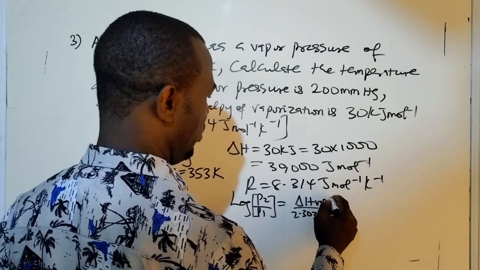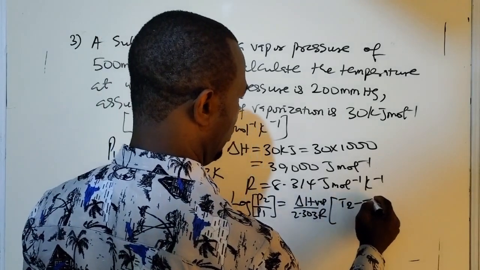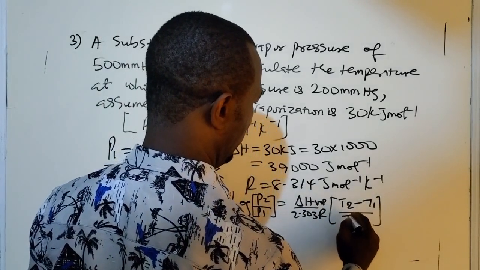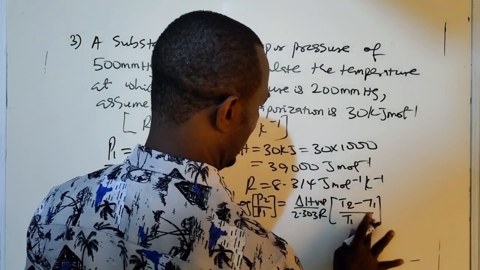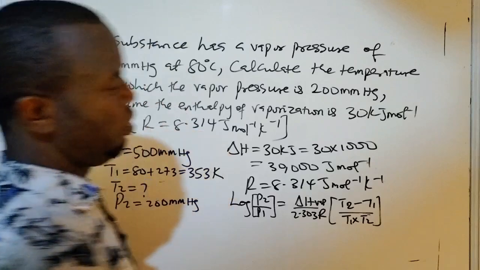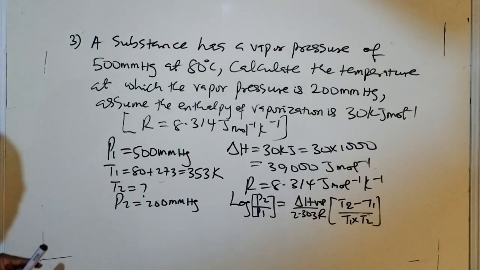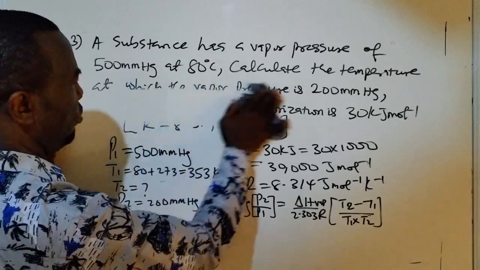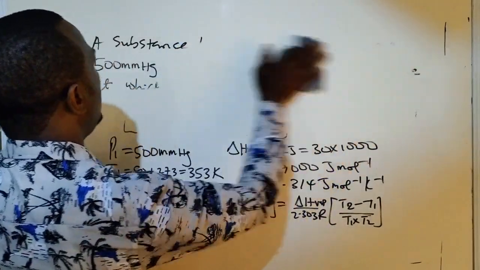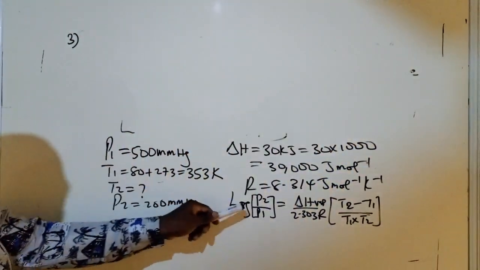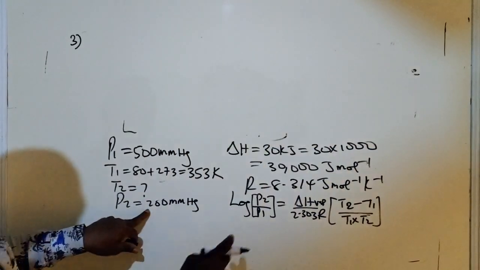Vaporization, VAP. T2 minus T1 all over T1 times T2. So having quoted the required equation, we can write the upper side and make our substitution here. So our log P2 is 200.